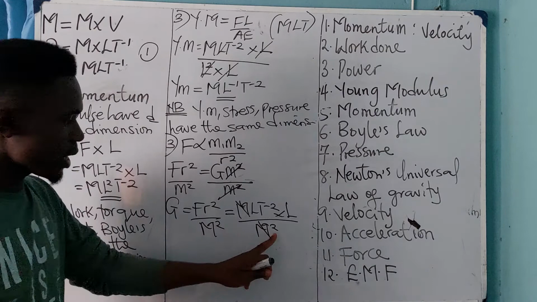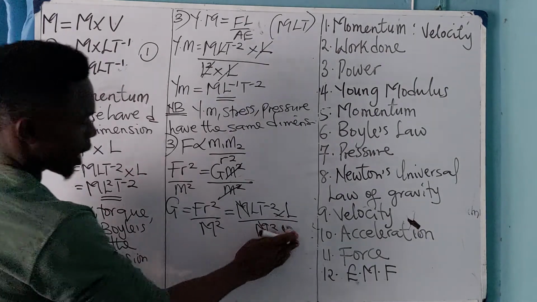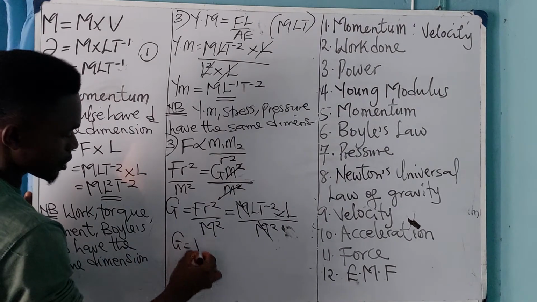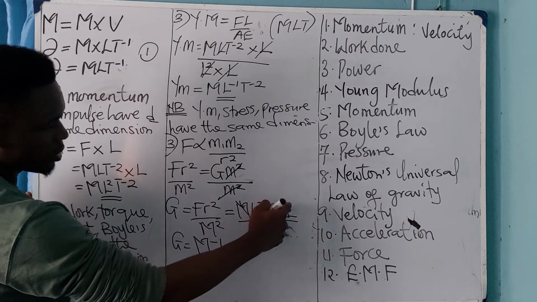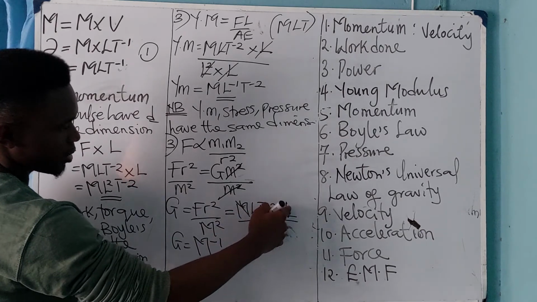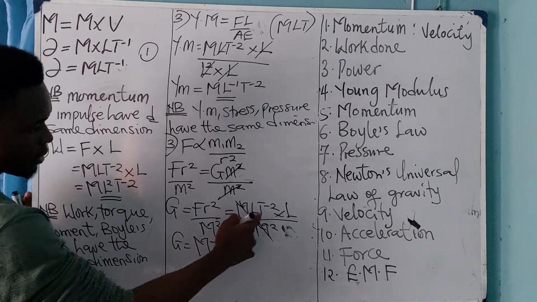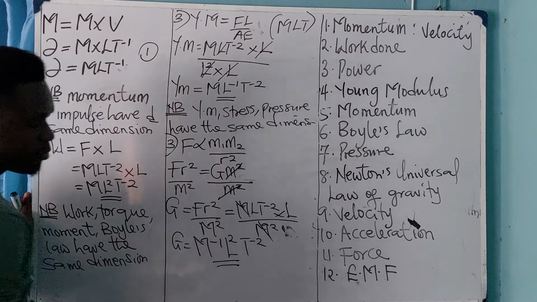You are left with one m. As soon as the m goes up, it becomes m minus 1. You have L times L, which is L squared. Then you are left with T minus 2.